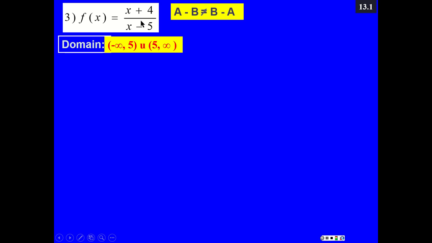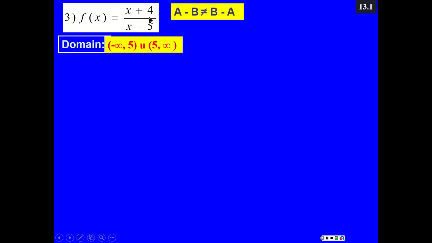But don't forget, it is the quotient rule. From the first side, I'm going to get f prime of x. From the second side, quotient rule. The derivative of the numerator: the derivative of x is 1, the derivative of 4 is 0.